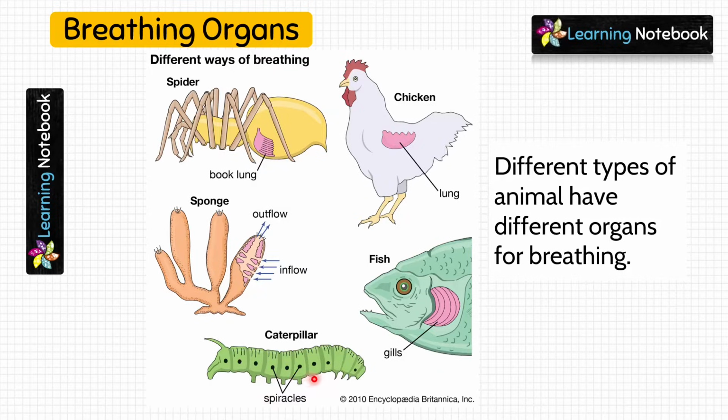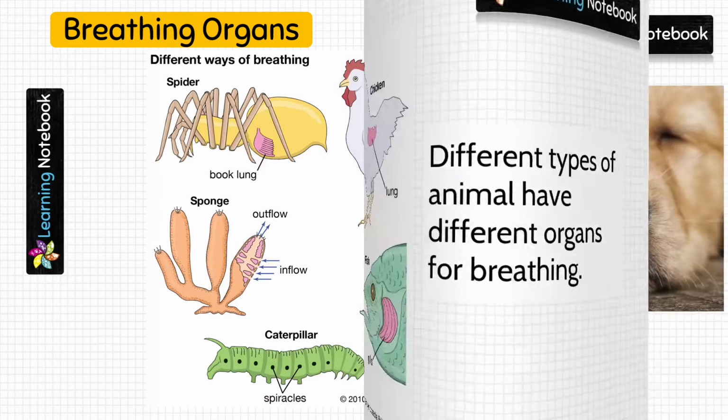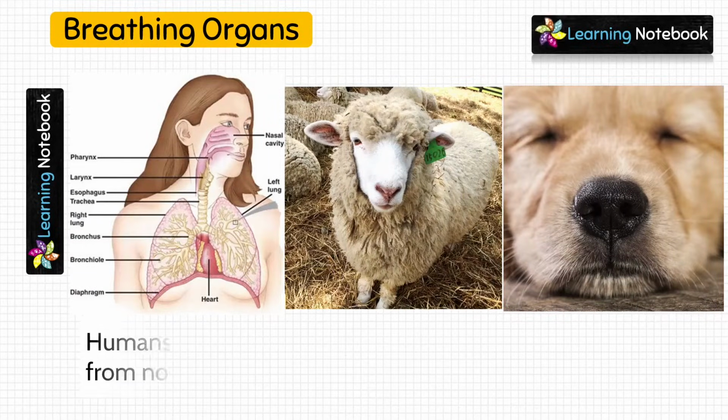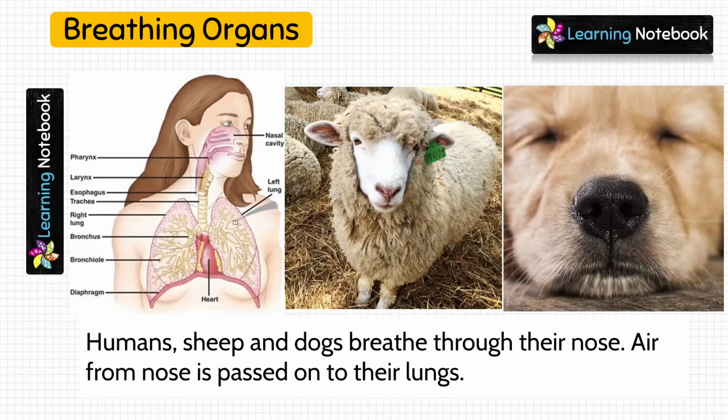So, animals have different organs for breathing. Whereas humans, sheep and dogs breathe through their nose. Air from their nose is passed on to their lungs.